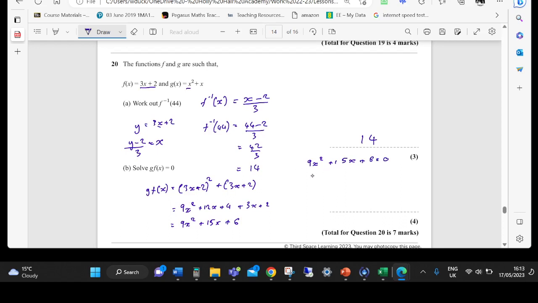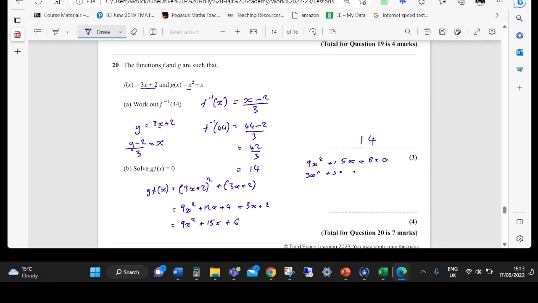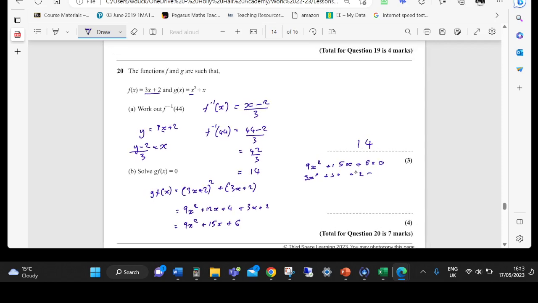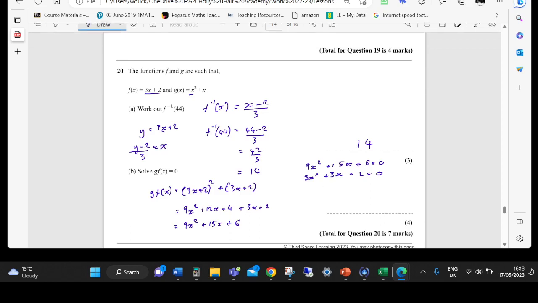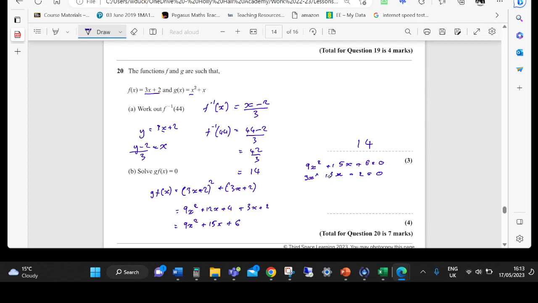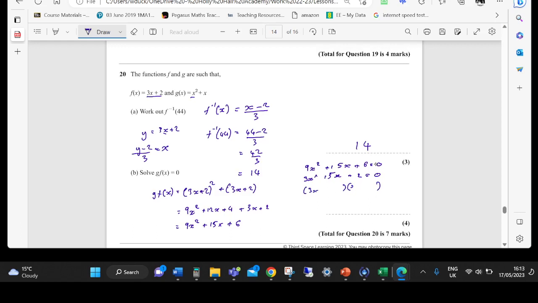Right, if I divide through by 3 first of all, that gives me 3x squared plus 5x plus 2 is equal to 0, which is much easier to factorize, because that was a 5, not a 3. I can only factorize as a 3x and an x, and I can only factorize to get 2 by having a 2 and a 1.